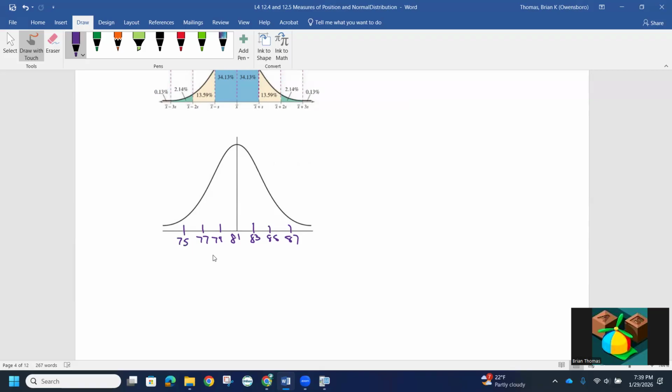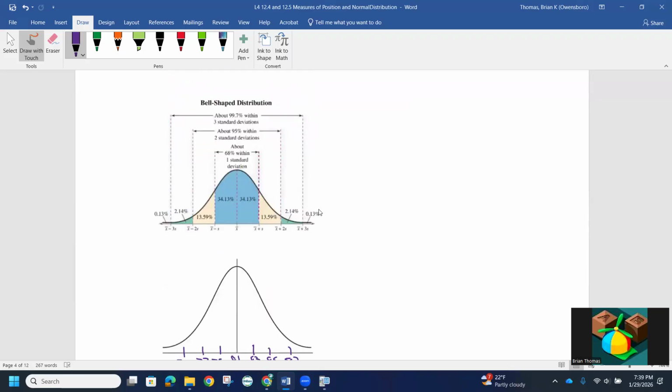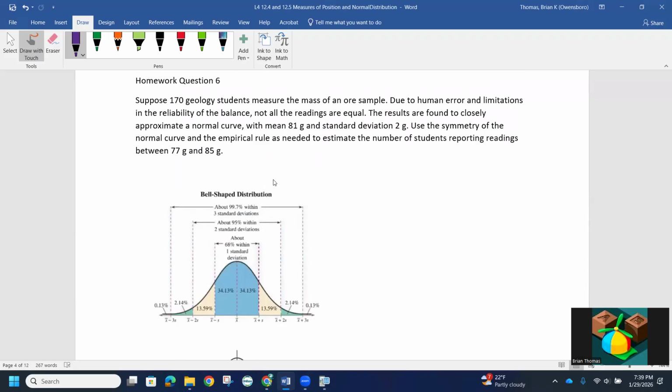So what we want is, using symmetry of the normal curve and the empirical rule as needed, estimate the number of students reporting readings between 77 and 85. So we're looking for the number of students. So we know that there's 170 geology students. We're trying to figure out how many of those got readings between 77 and 85 grams.